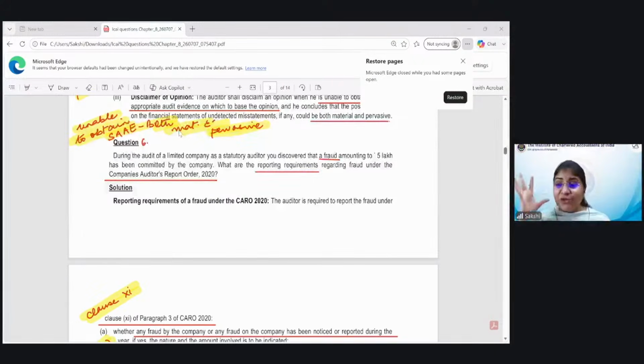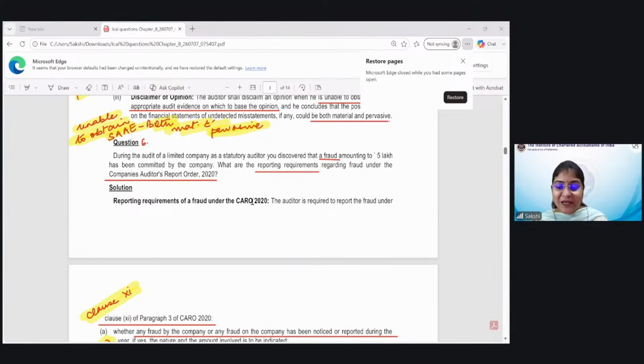These are the things that should come to your mind immediately as soon as you come across the word fraud, and again the Companies Auditor's Report Order, CARO 2020, comes into play. Very, very important. Rest of the things will follow, but these three things should quickly come to your mind. Your preparation should be such.